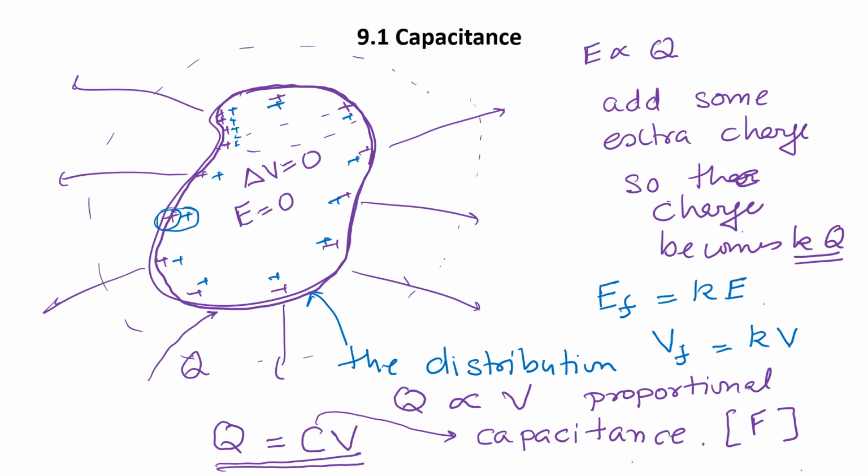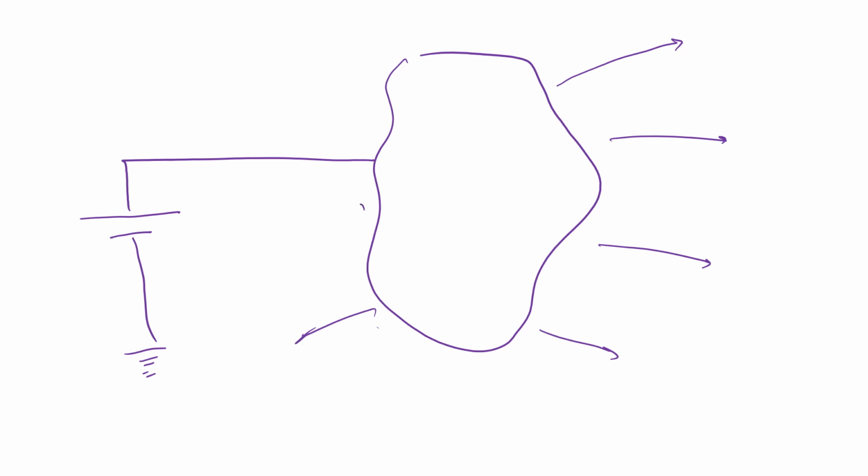If I have a conductor connected to some battery, and I want to see how this conductor shape responds when I change things around the battery, the correct and full solution would involve these electric fields and how they interact. However, that's a very difficult problem to solve in general.